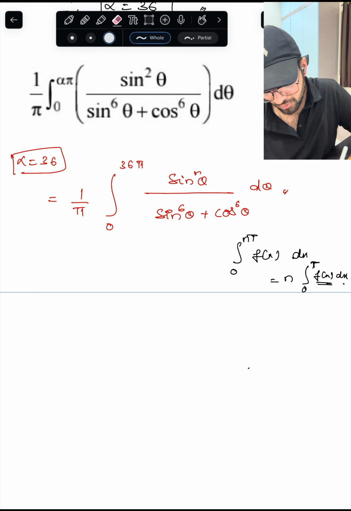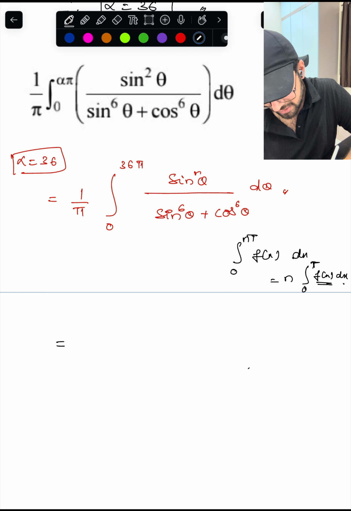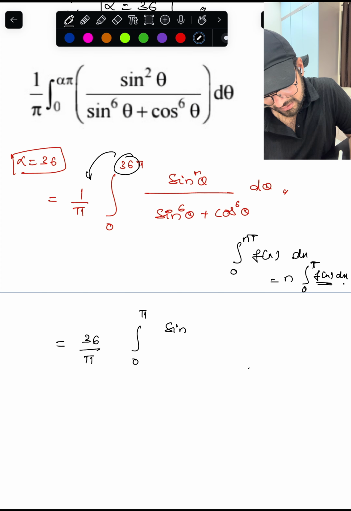The same property I am going to use here. So I can separate this 36: 36 by pi, integral from 0 to pi of sine square theta by sine power 6 theta plus cos power 6 theta d theta.